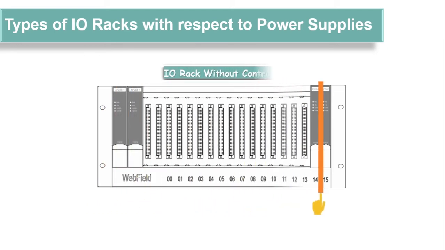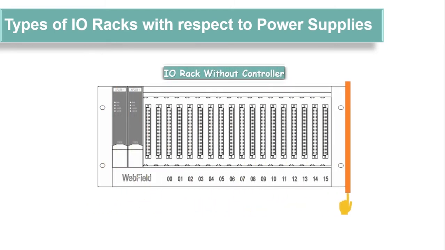Second, we have the IO rack without controller. It contains the wide panel power module XP258-1, which has the same width as the controller. Both of these power module cards convert the 24 volt DC power supply to the 5 volt DC power supply required for the distribution of IO cards.